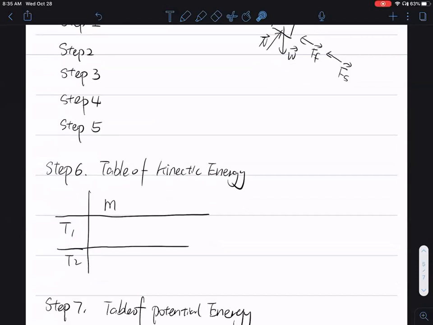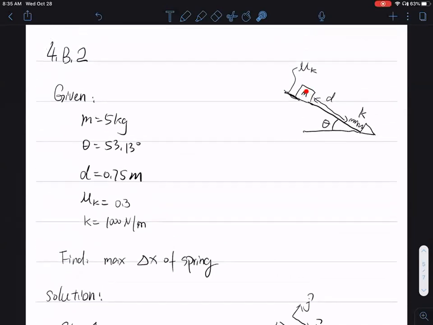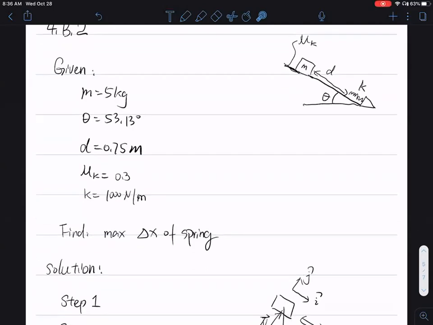In this case, the initial point would be when the block M is held up there, not moving. That's our initial position. What is our position 2? When the block is hitting the spring and the spring is compressed to its maximum, it has maximum deflection. So that's position 2. Okay, in that case, we know where position 1 and position 2 are.